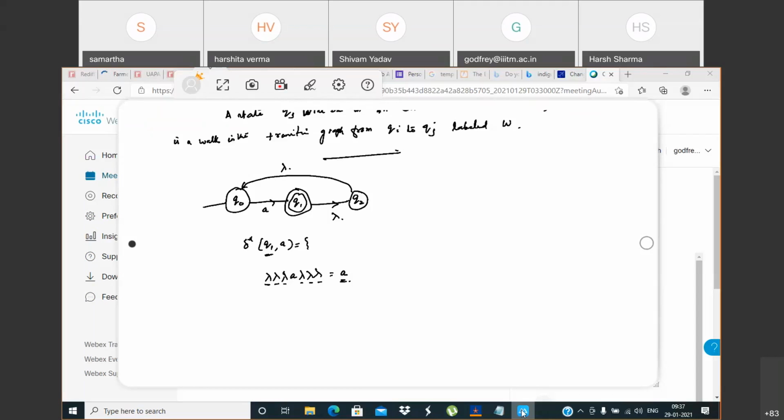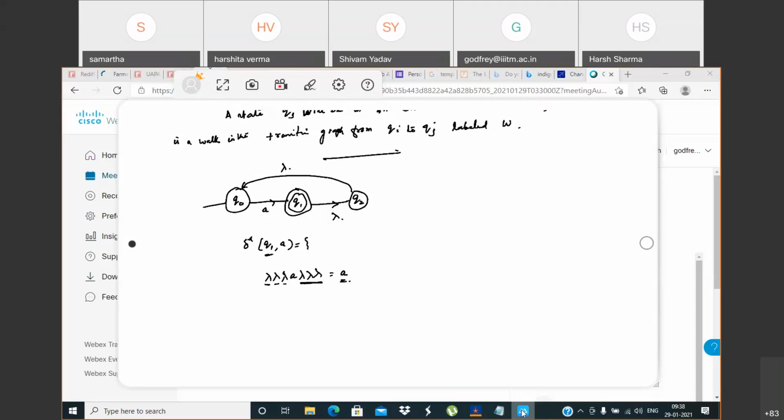So from Q1, I may go to Q2, Q0, and then to Q1 on reading input symbol A, right? After A also I have several lambdas, so I will still be able to go to Q2 and also Q0.